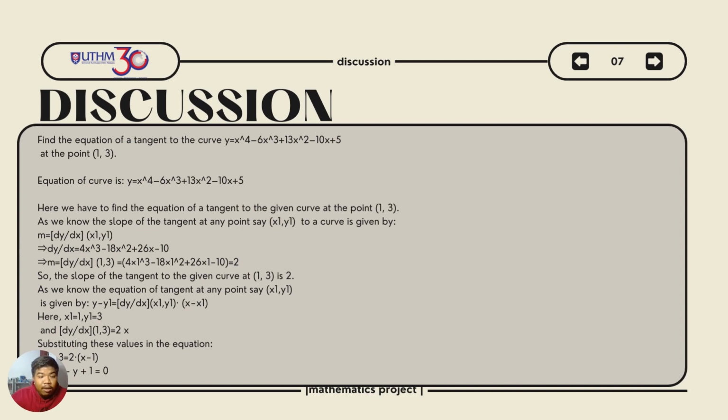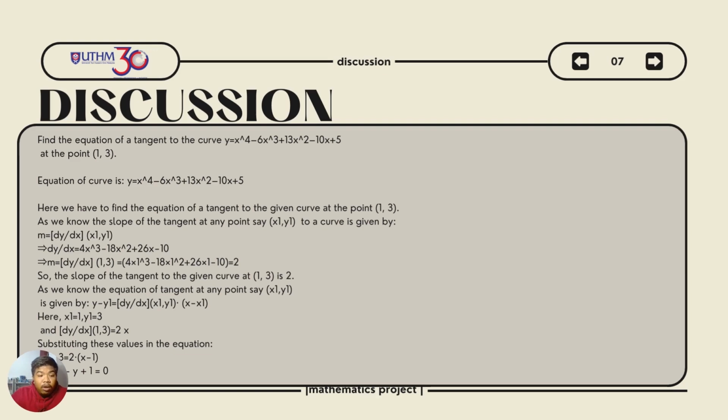The next step is m equals dy over dx at (1, 3), as the coordinate has been given, equals 4 multiplied by 1 power of 3 subtract 18 multiplied by 1 power of 2 plus 26 multiplied by 1 subtract 10, which equals 2.